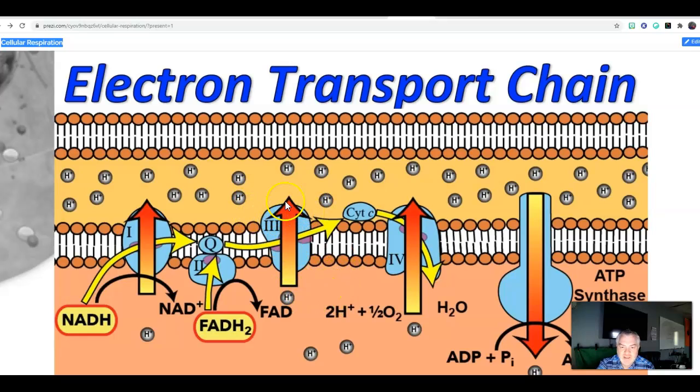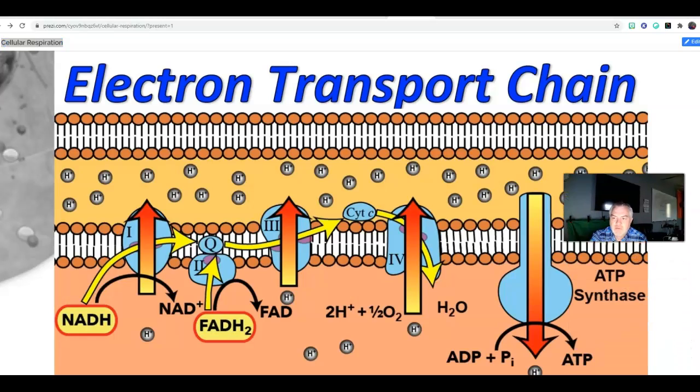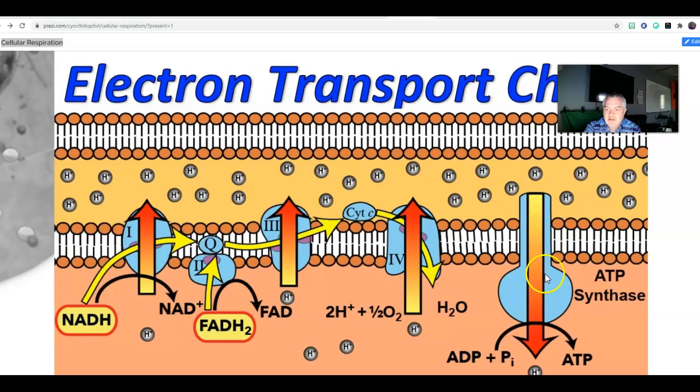Finally, once we have pumped all these hydrogen ions out here, they will just follow their gradient through this last protein called ATP synthase. ATP synthase acts like a water wheel or like a turbine of a big hydroelectric plant.